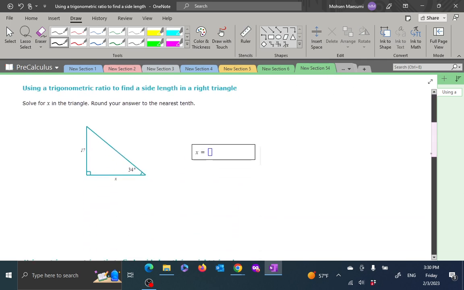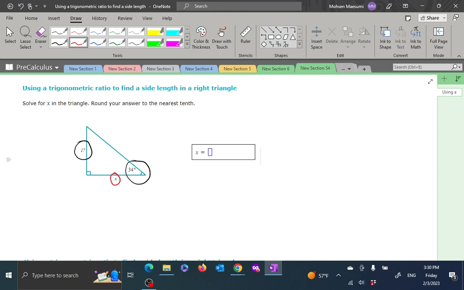So here's the first one. Solve for x in the triangle, round your answer to the nearest tenth. The expectation is that you're going to use the calculator that's on the screen. In all of these problems some angle is given, some length is given, and there is a quantity that you want to find.